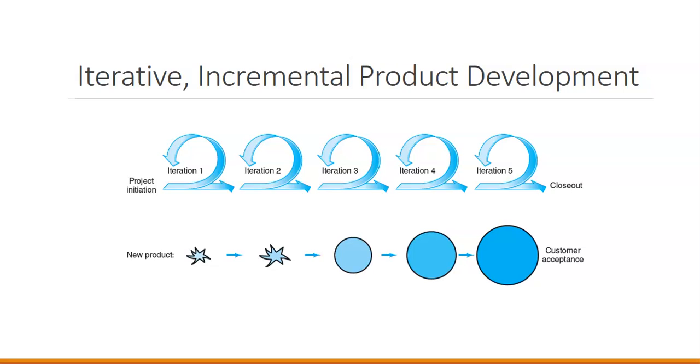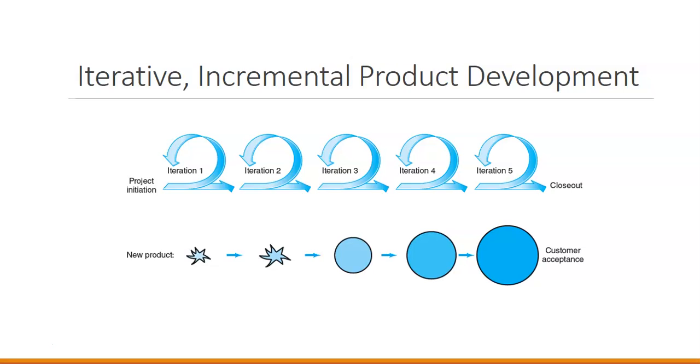We have examples of how this iterative product development starts. We have iteration one, and then we'll have the customer look at it and decide if they want to make any changes or anything new to it.